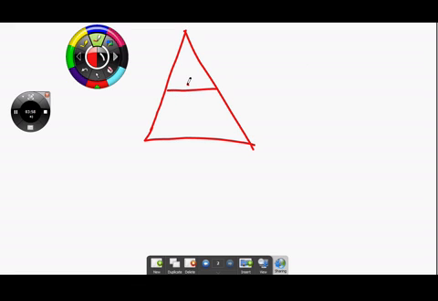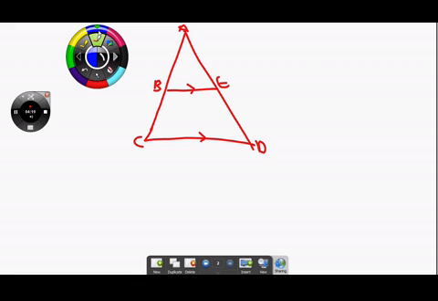Now, if we have a triangle A, B, C, D, E, and I want to prove the proportional division theorem, let's write it down.